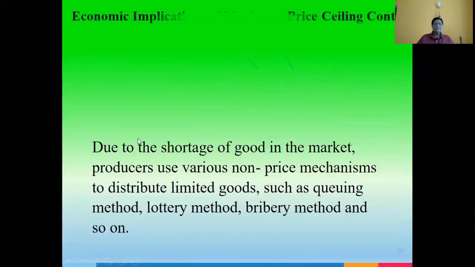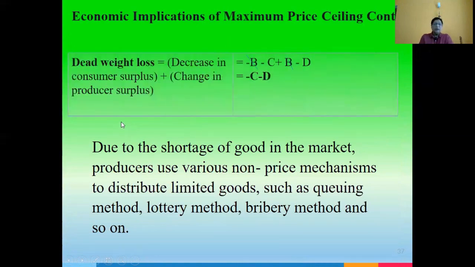Then deadweight loss. As I explained earlier, deadweight loss consists of the decrease in consumer surplus plus the change in producer surplus.